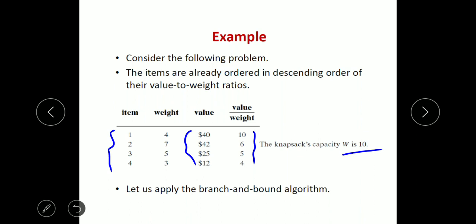So we assume that we are going to arrange these items in the descending order of their value to weight ratio.